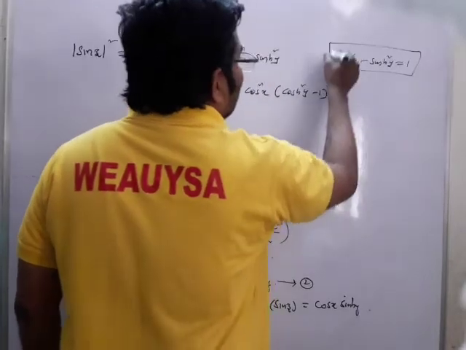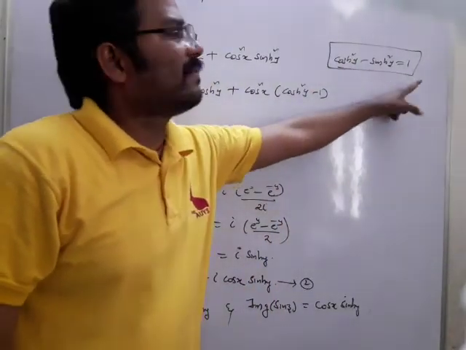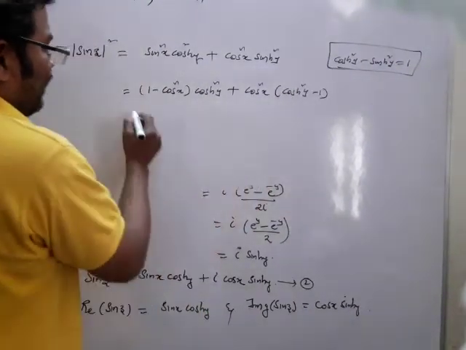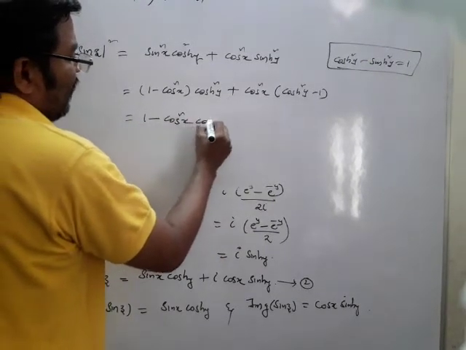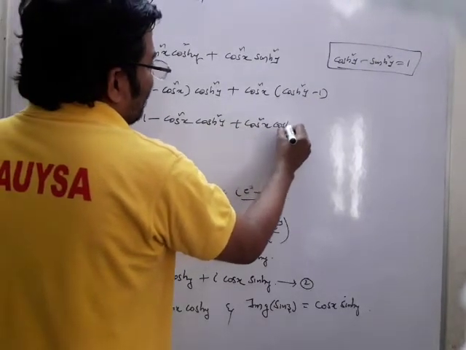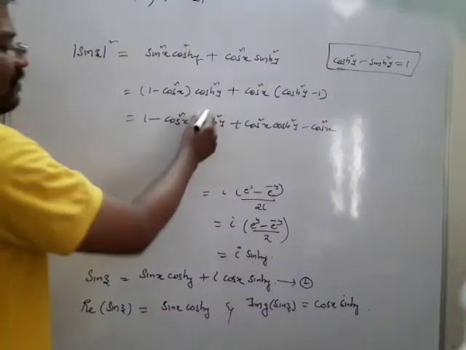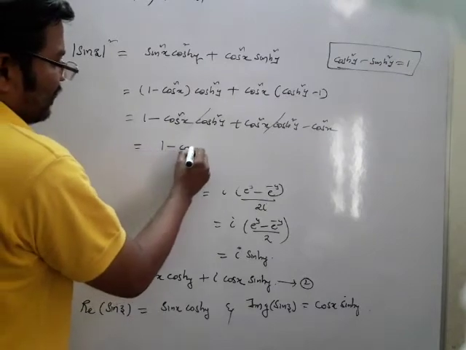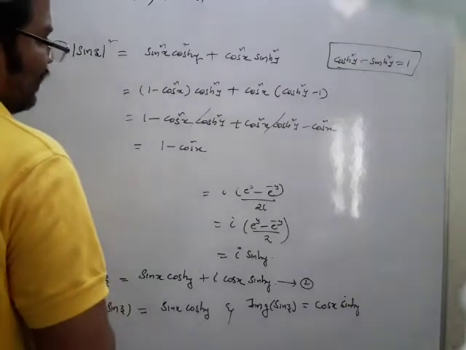This is the hyperbolic function identity. So according to this, cos h square y minus 1 is equal to sin h square y. So we have 1 minus cos square x, cos h square y plus cos square x cos h square y minus cos square x. Okay, so these two will get cancelled. You will get 1 minus cos square x.